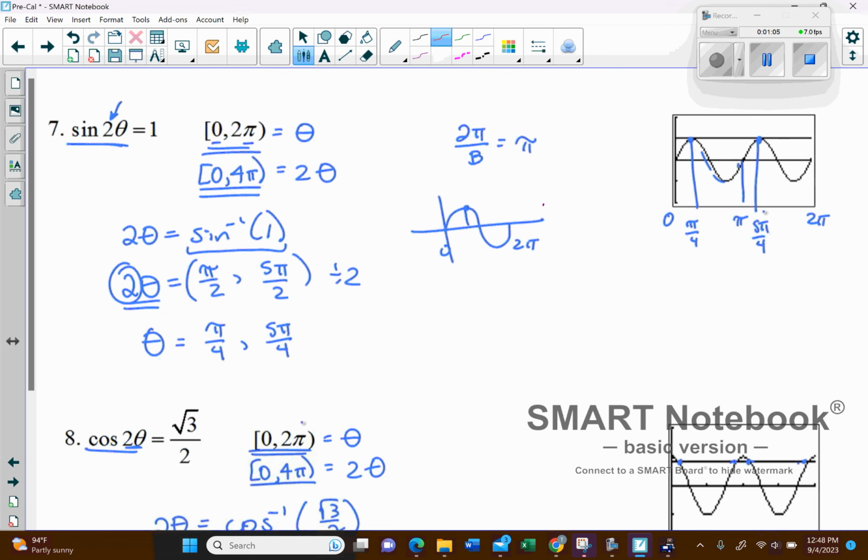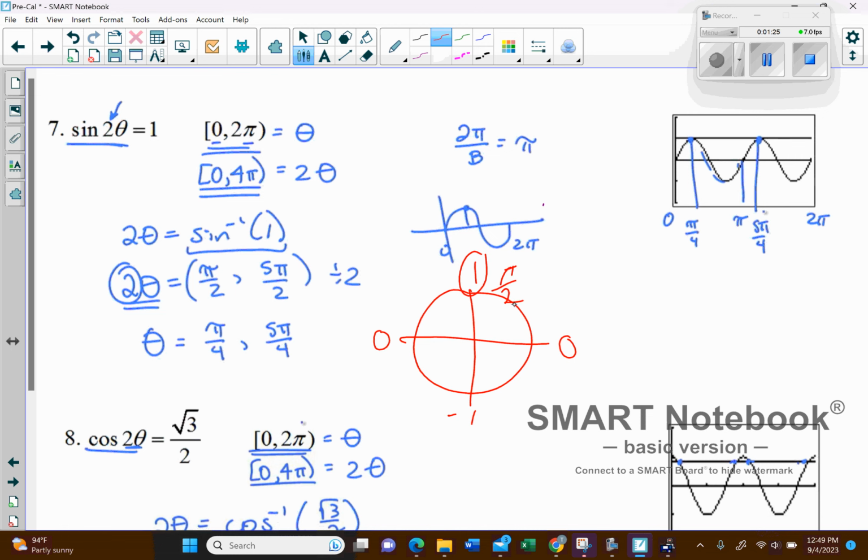If you remember on the unit circle, it goes 0, 1, 0, -1, talking about sine. And so right here, my y value, my sine value, will be 1 at pi over 2, right?